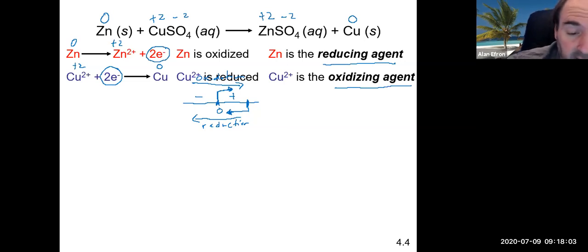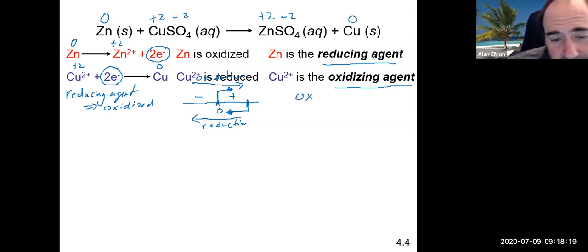As strange as it may sound, the reducing agent is the substance that gets oxidized, while the oxidizing agent is the substance that gets reduced. So when you're talking about the agents, it's actually the opposite of the name.